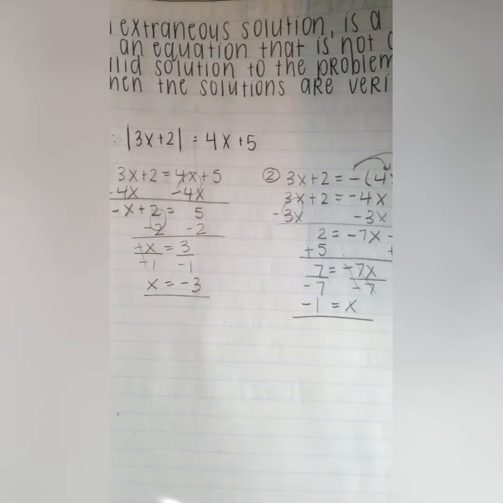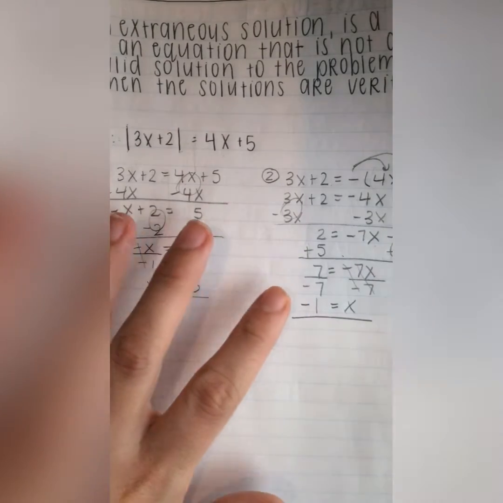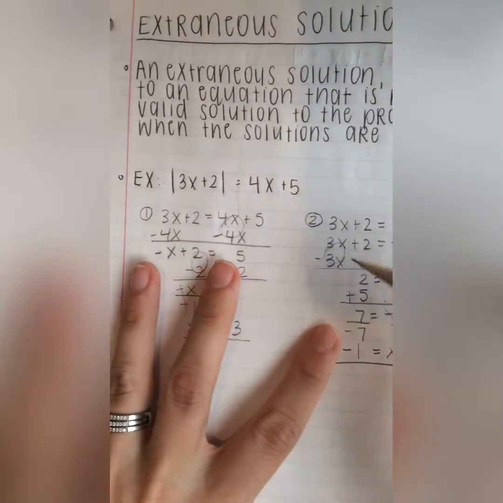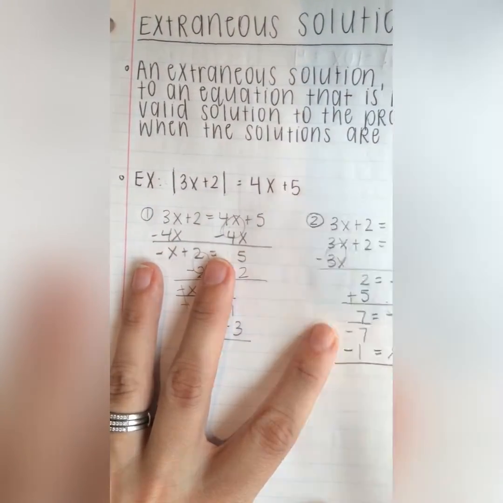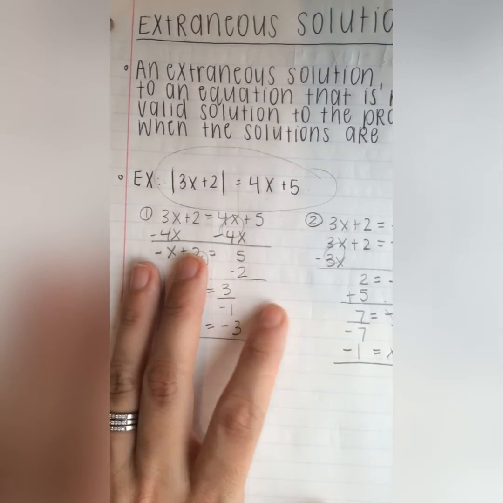Okay, we have x equals negative 3 and x equals negative 1. So now we have to check those answers. When you check your answer, you're always going to go back up to where you got your absolute value isolated. This is what you're using to check your answers.